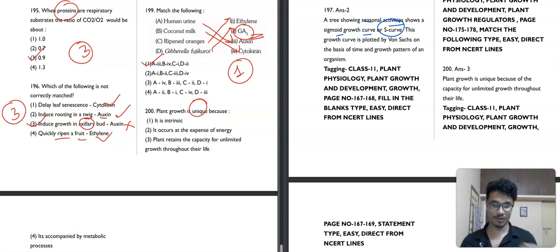Our bone closes, the metaphyseal end plate, we will study in MBBS, closes at some point. For girls it is almost the age of 16 and for boys it is almost about the age of 18. So we can't grow for unlimited time. It is up to puberty or some extended period of puberty. But plants retain the capacity for unlimited growth throughout their life. So it is our correct answer, which is unique.